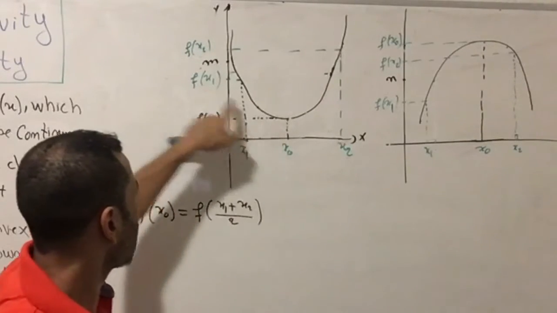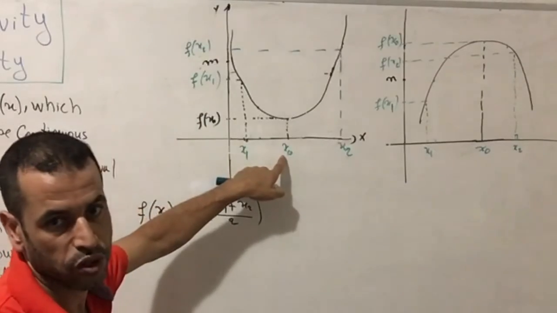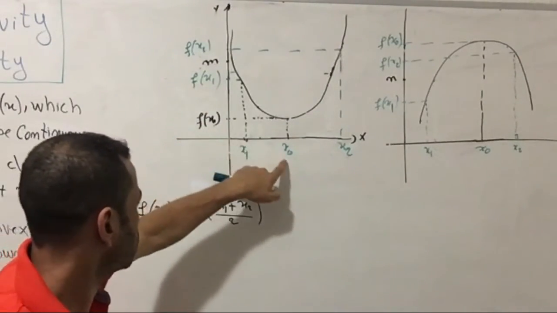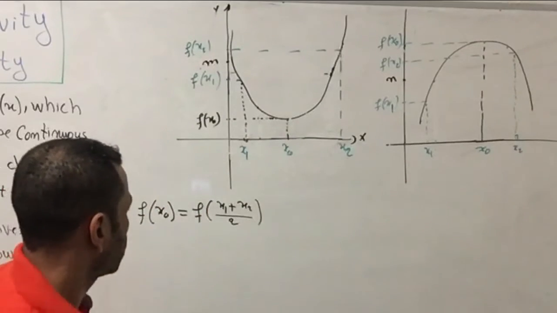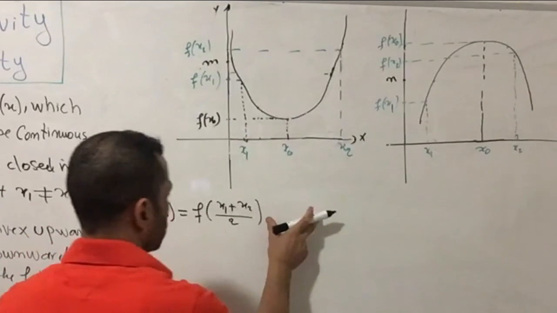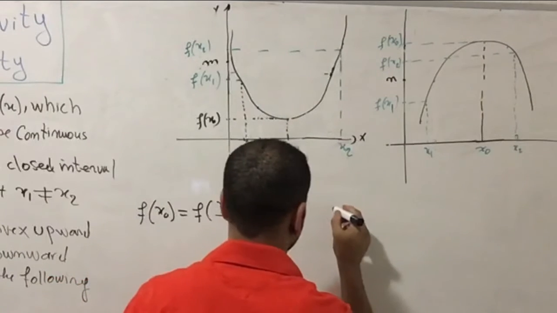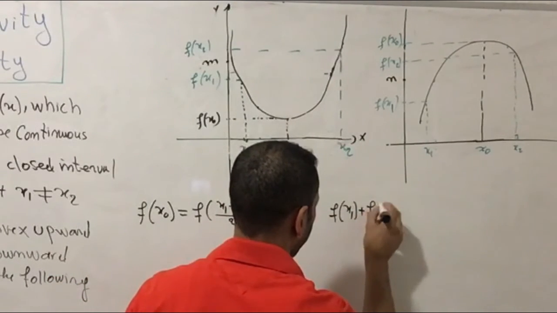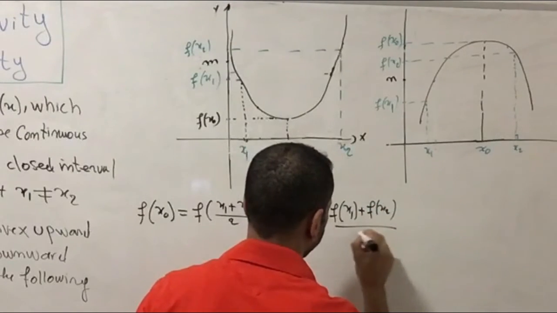I'm going to take the output of this average, which is f of x0. So f of x0 represents the output of this point, equal to this one. I'm going to leave this empty space, okay? I will write f of x1 plus f of x2 over 2.